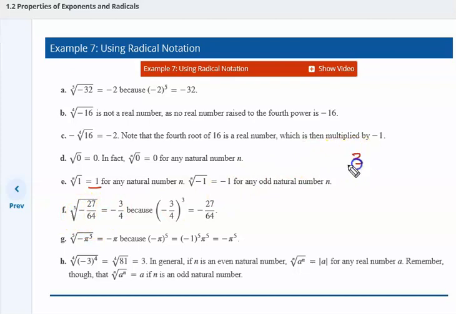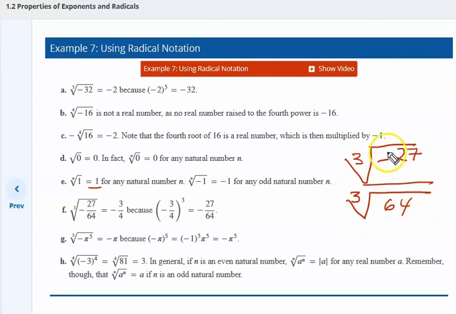It's the third root of negative 27 over the third root of 64. Since this is an odd index number, this is okay. This would be a negative 3, and this one would be a 4, which is what they're showing here.